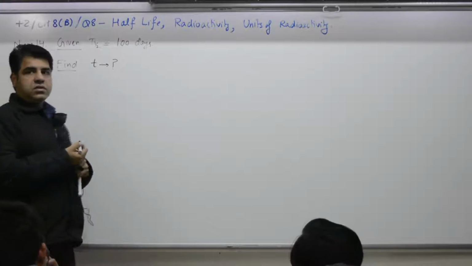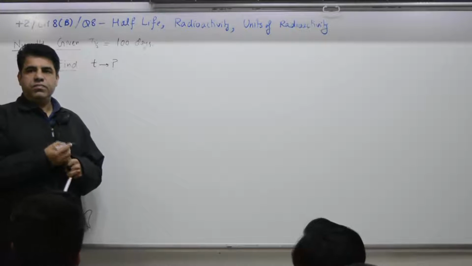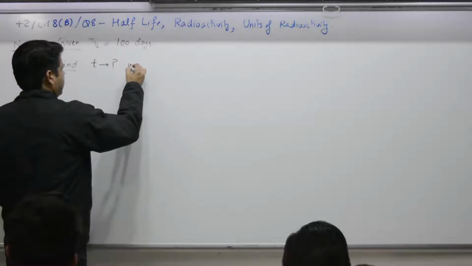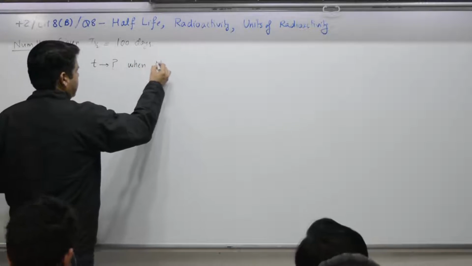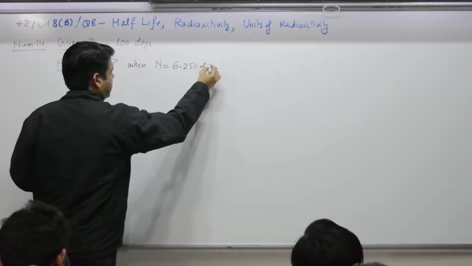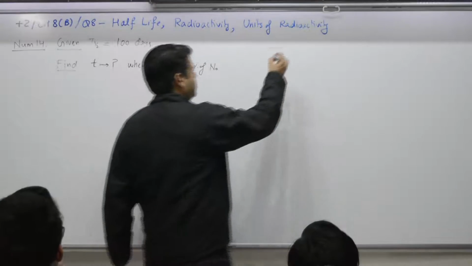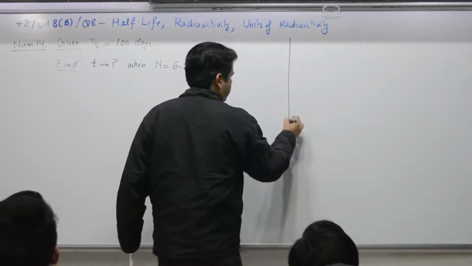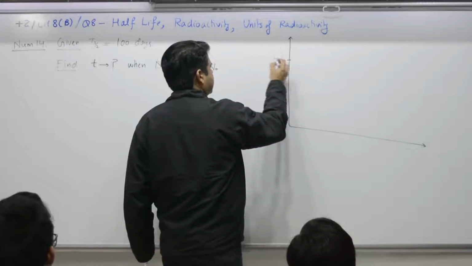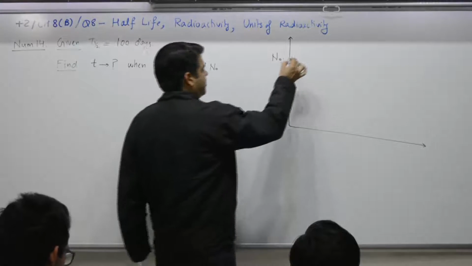After which the undecayed population remains how much? What percentage? When N is equal to 6.25% of the original value. This type of question is common in competition. Procedure is very simple. Original number is N naught, 100%.